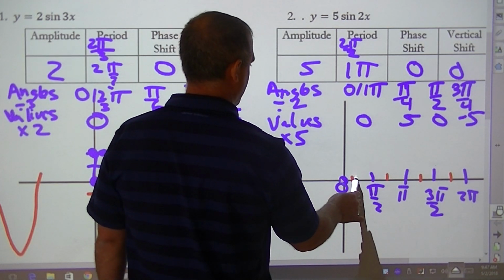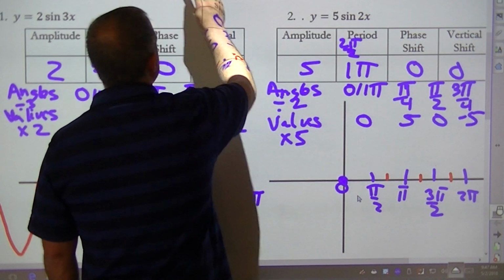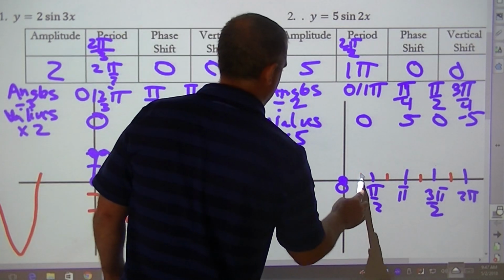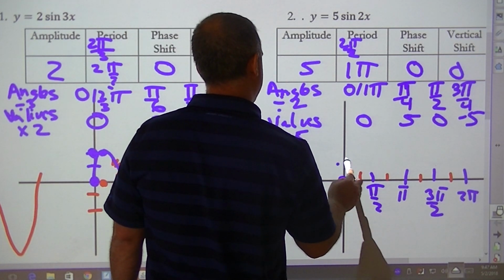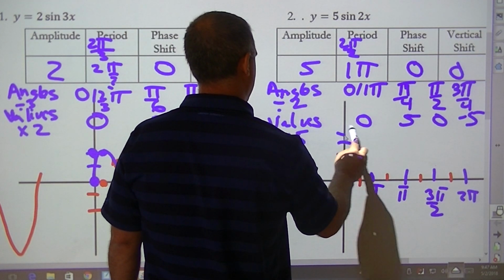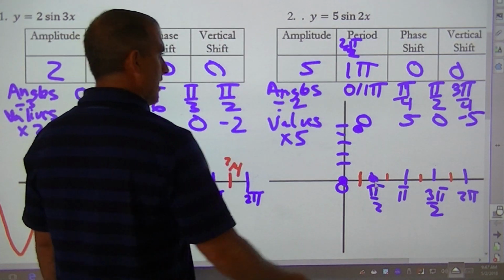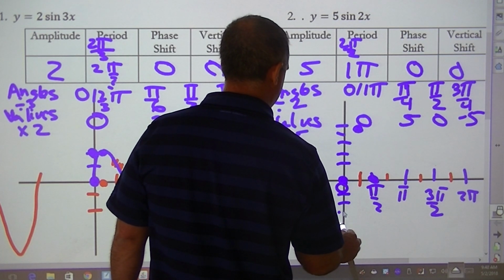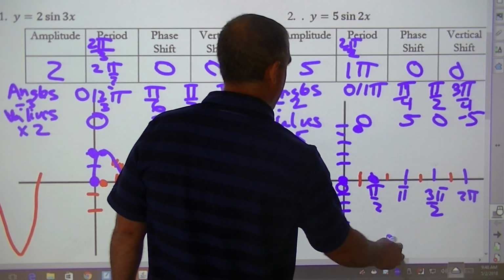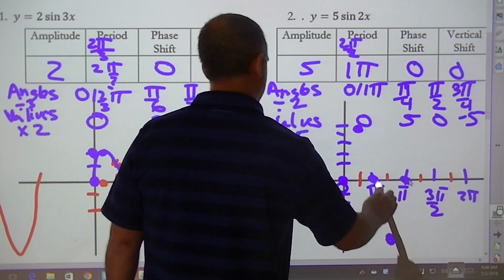At pi over 4, which would be this quarter, I'll be at 5. At pi over 2, I'm at 0. At 3 pi over 4, which would be this one, I'm down at -5. And then back at pi, I'm at 0. So this is what this looks like.